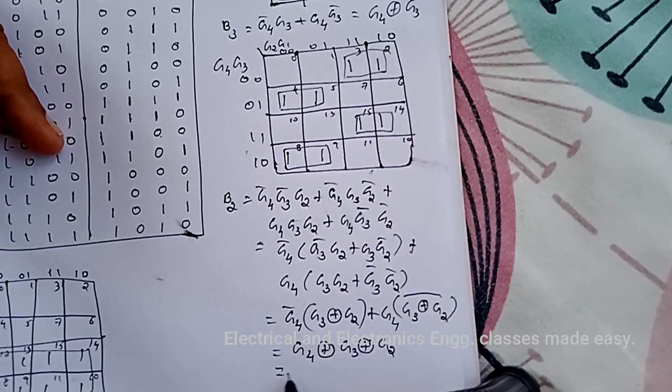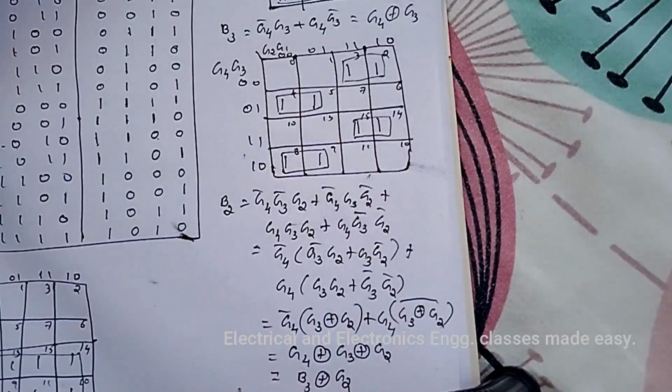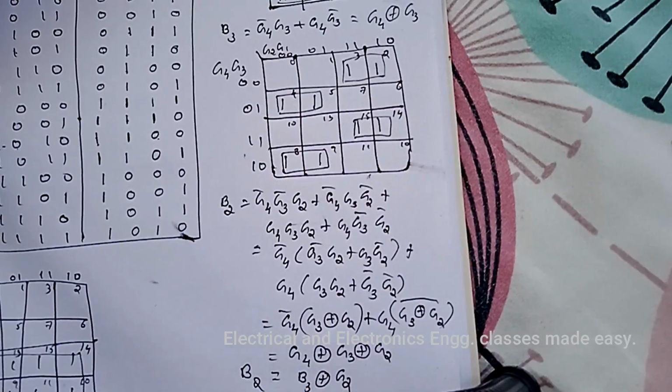So we can write B3 XOR G2. So this is the realization for B2.